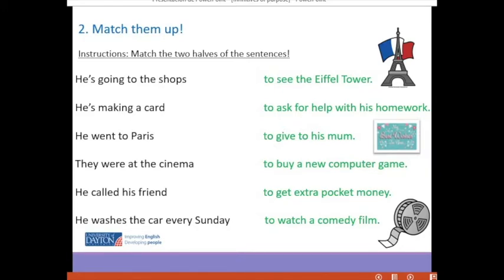These people, some person is doing. Okay, and on the right, with a green color, we have the reason, the justification, the motivation why they did that action. Let's check the first example.